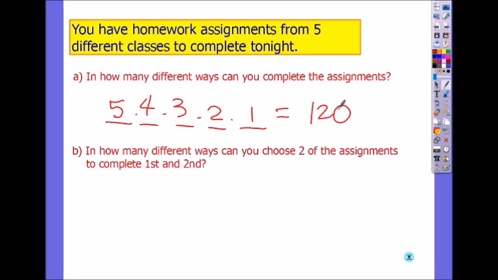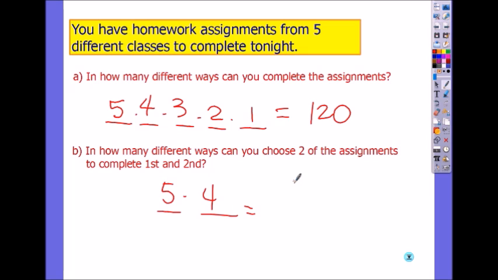And how many different ways can you choose 2 of the assignments to complete first or second? So now you're picking only 2 homeworks. Would it be different to do math homework first and English second versus English first and math second? Yes, right? It's a different order. So it is permutation. So it becomes 5 times 4. Why?